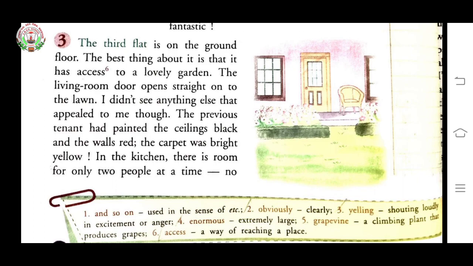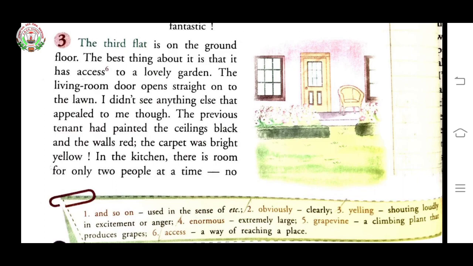Ceiling means the top surface of the inside of a room. So it is called ceiling. So that person painted the ceiling black and the walls red, and the carpet was bright yellow in the kitchen.